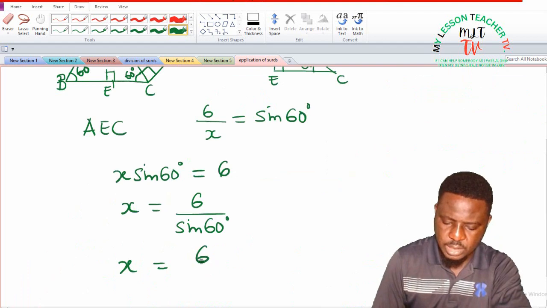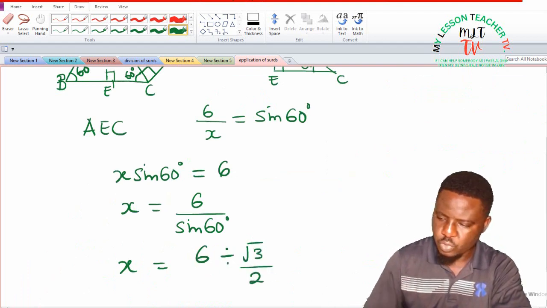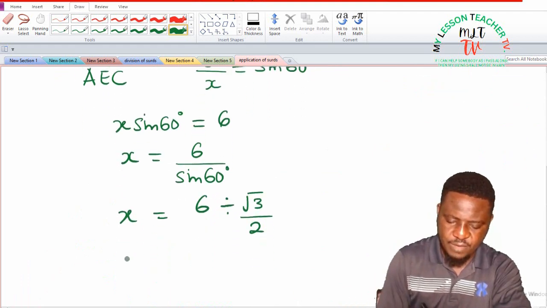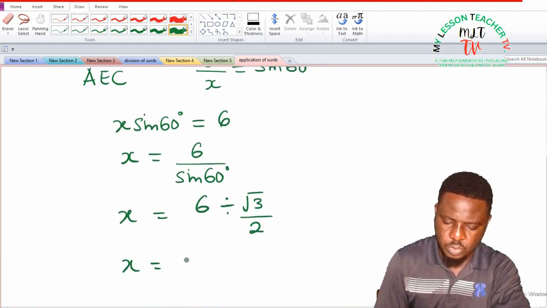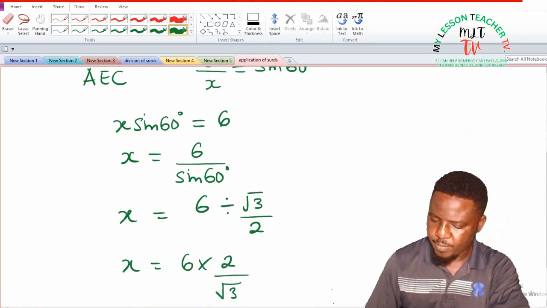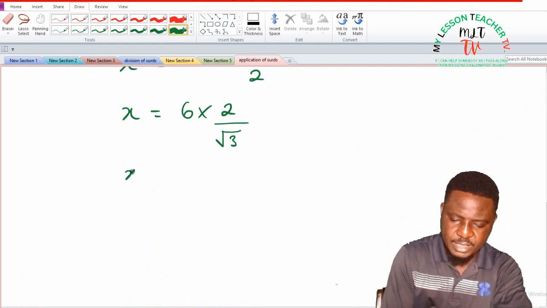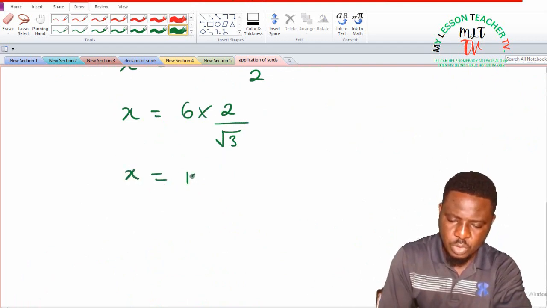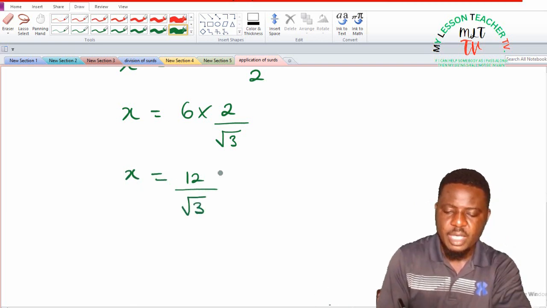So this becomes 6 divided by root 3 over 2. And when you simplify further, you have X to be equal to 6 times 2 divided by root 3. And when you simplify this, you have X to be equal to 12 divided by root 3.